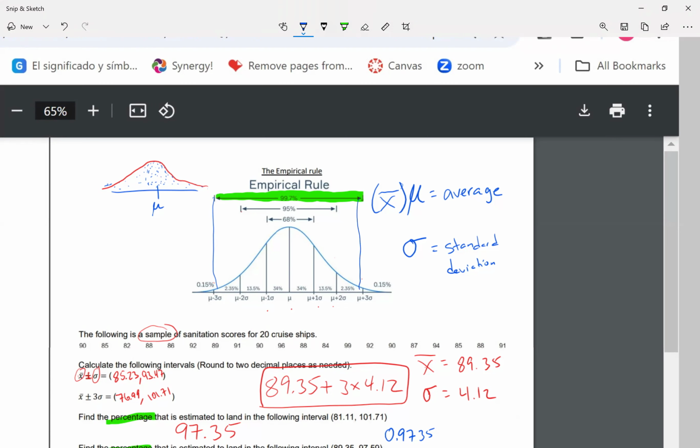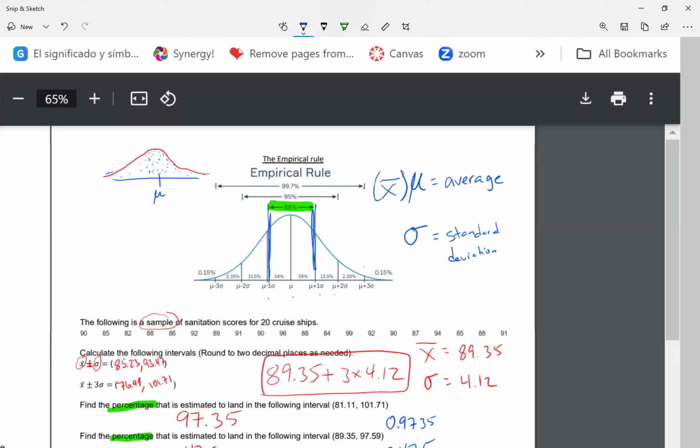How far right does it go? The mean plus 3 standard deviations. That's why I did that first question like that. Now, the second question is asking 68%. You see 68% right here? How far back does it go? The mean minus 1 standard deviation. How far up does it go? The mean plus 1 standard deviation.